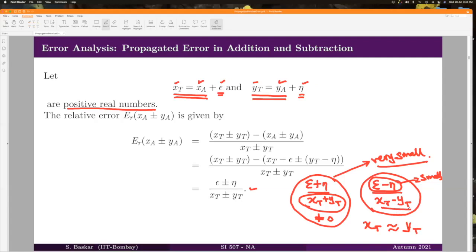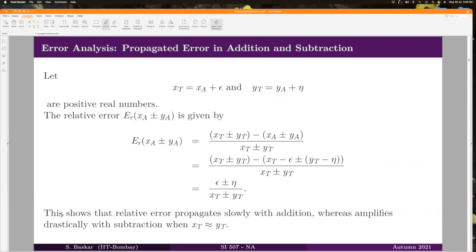If that number is much smaller than this, there is a danger that this can be very large, right? So subtraction gives us a possibility that your relative error may become very large even though your initial errors epsilon and eta are very small.